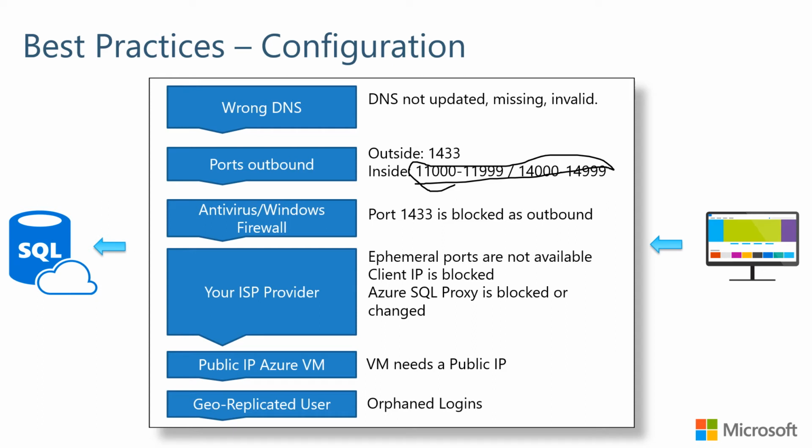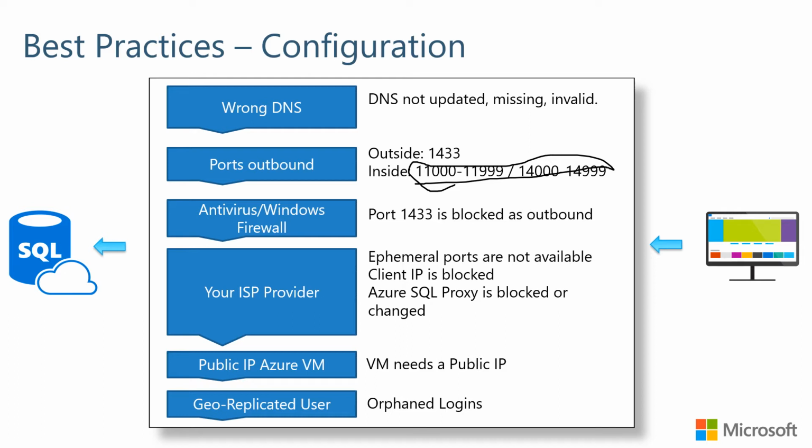We have also seen another situation when you have geo-replication enabled. Remember that if you create logins on two SQL servers and you establish geo-replication between two databases of these different servers, the logins are defined in the master database.